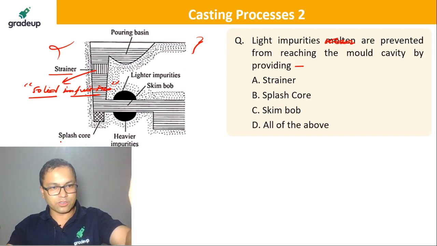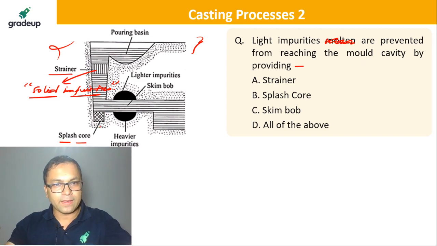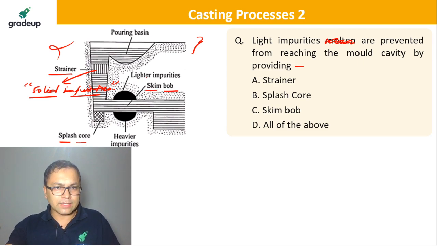So that's why we use splash core. The lighter impurities float on the top of the skim bob, and heavier impurities go down. So the answer has to be skim bob.